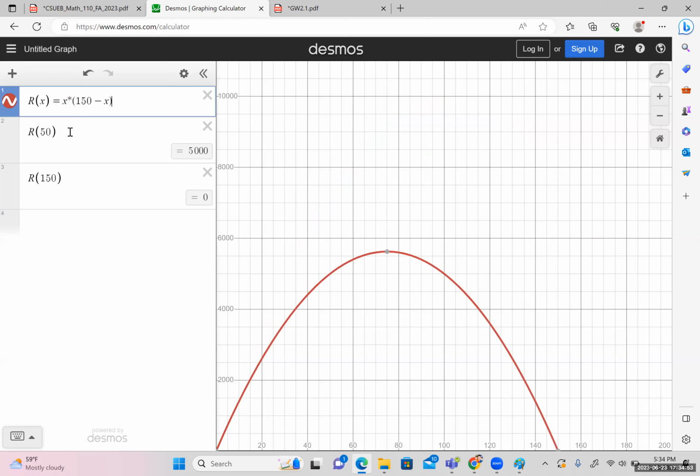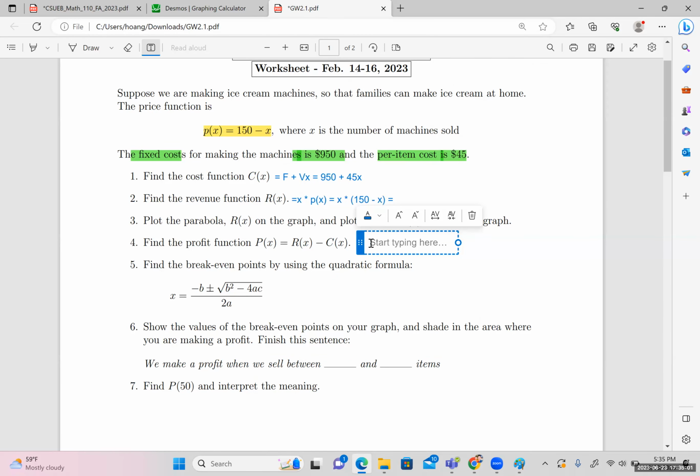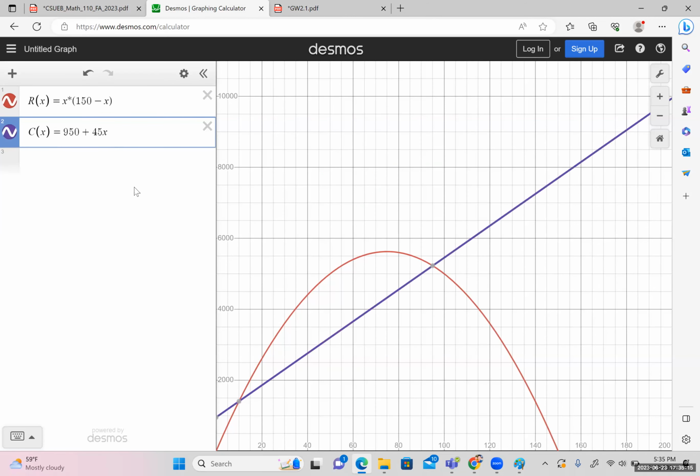All right, that was the revenue function, and we can have the cost function as 950 plus 45x, right? So cost function, let me go to this, all right?